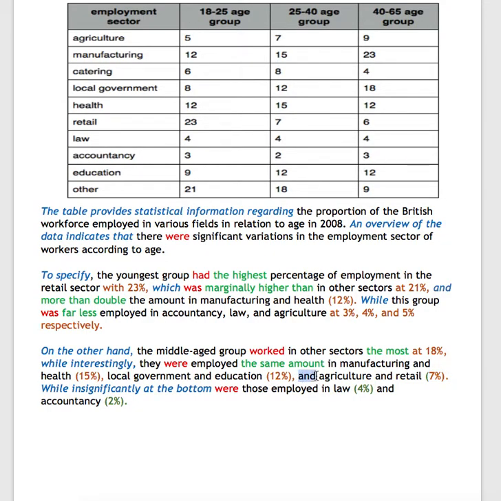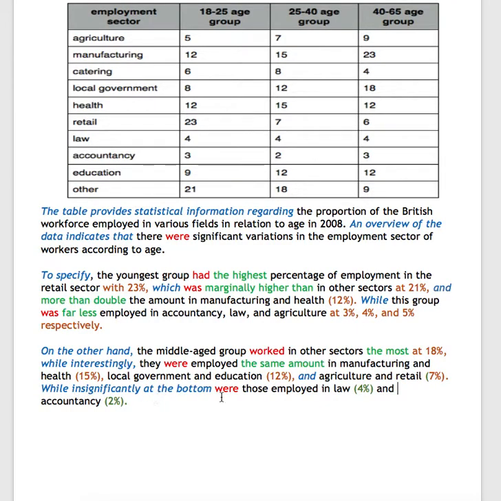This needs a connector here. We should specify that. Okay. So it says 18, 15, 12, and 7. So if they had the same amount, manufacturing, health, local government education, and so in 3 sectors, they had the same amount. That's what it says here. Really? 15, 15, 12, 12, and 7, 7. Okay.